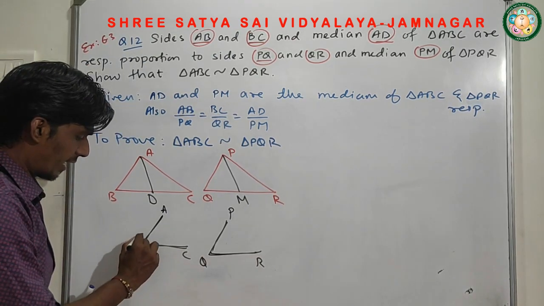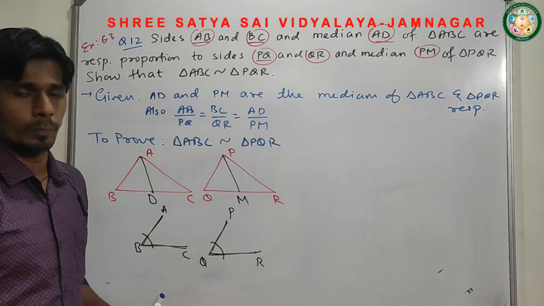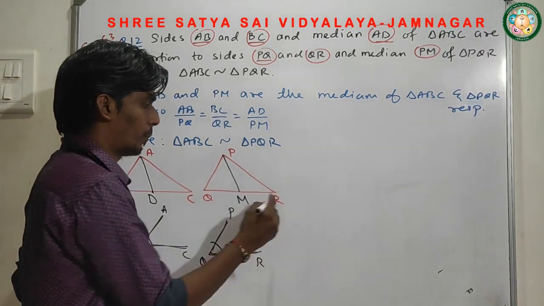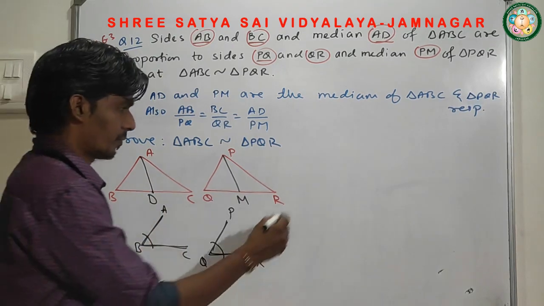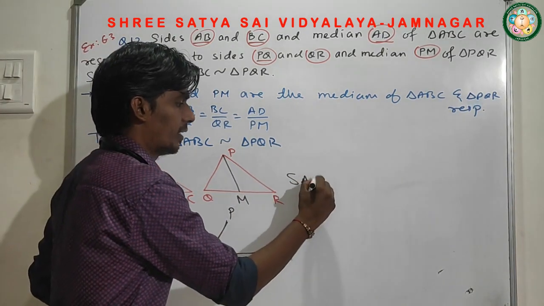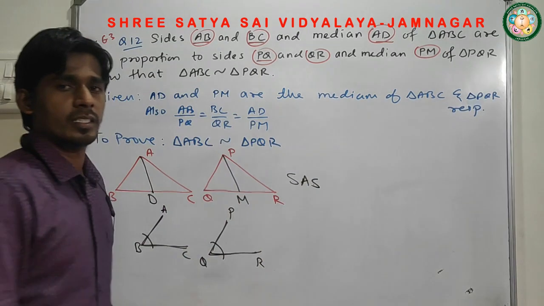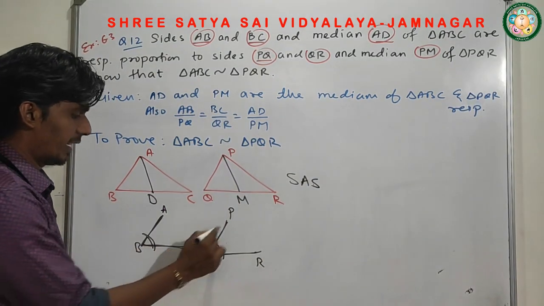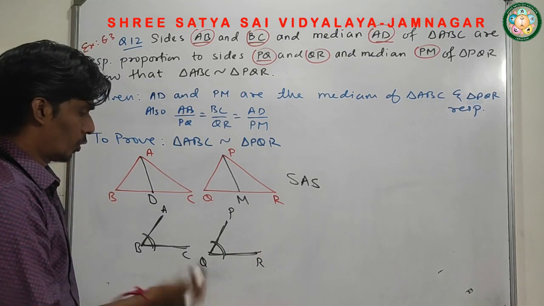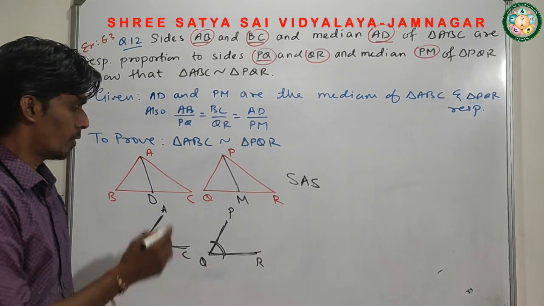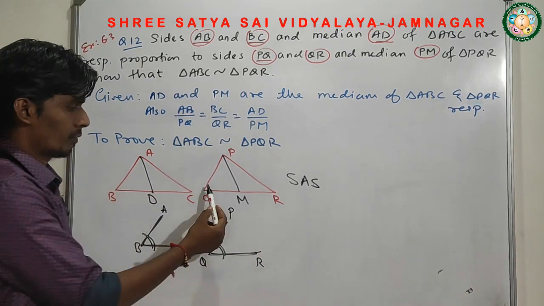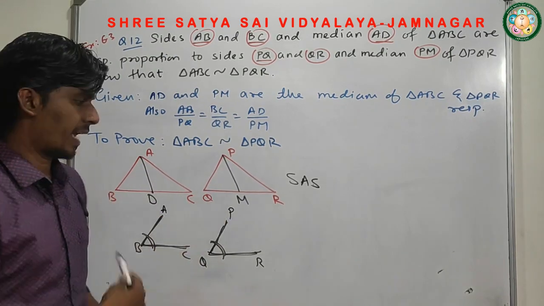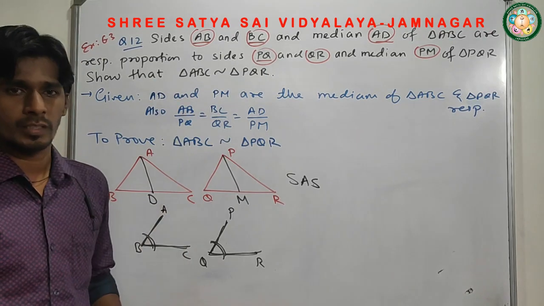To prove that angle B is equal to angle Q. If I prove that angle B is equal to angle Q, it is possible to prove that the two triangles are similar by using what? Side angle side similarity condition. This is side, angle, side. ये prove हो जाएगा. So my objective is to prove angle B is equal to angle Q. If I prove this, I can say that these two triangles are similar.